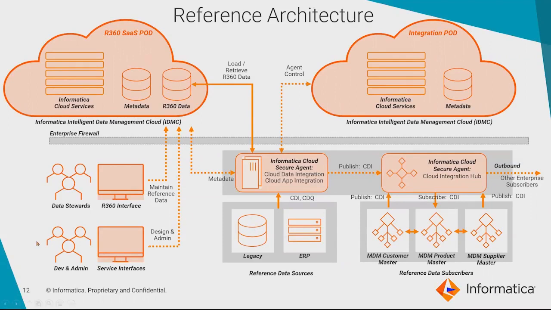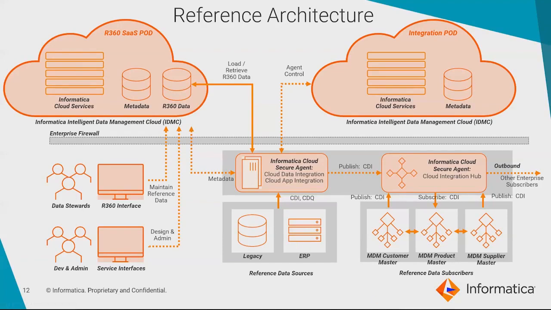So at the bottom left here, we can see the development team and administration would work to create the reference data sets, the code lists, just as we saw in the demo, assign data stewards, and define workflows. The initial data source for this reference data may be from finance in the ERP.